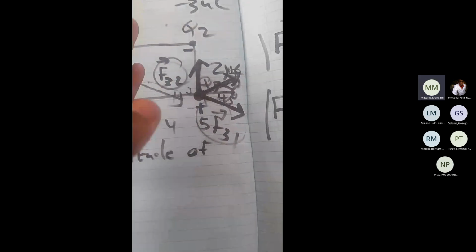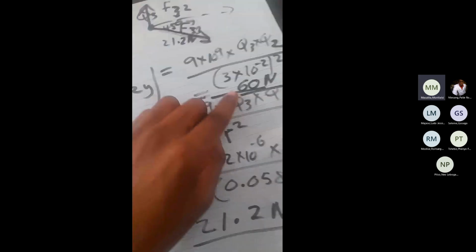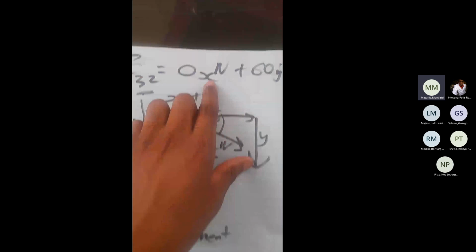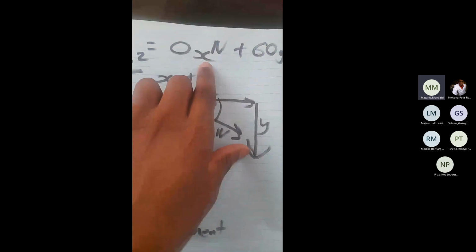What we need to do here is make sure that when you present your vectors, you draw the sketch. This force and this force attract to this force. It is linear in the y-axis, so we just calculate it once, and we know it does not have an x value because it is in the y-axis.